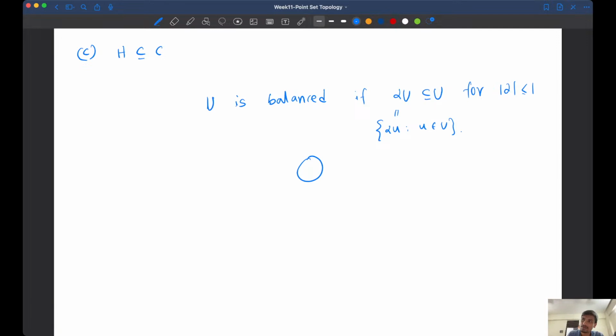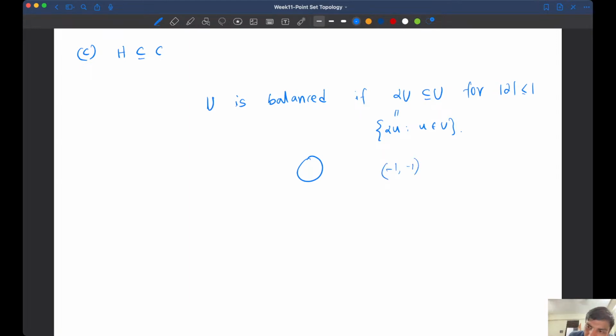So does it mean something like convexity? No. Which numbers are you multiplying that are not there? If I take any open interval containing 0, for example minus 1 to 1, then alpha times that interval will be contained within the interval only.